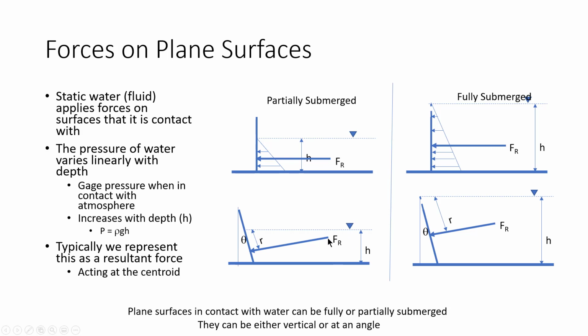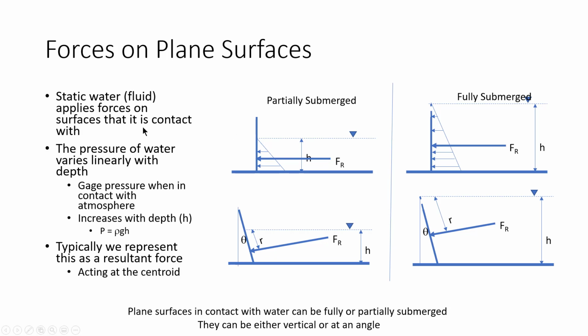So we can resolve this F sub r into two forces, and then work with it. Planar surfaces are plane surfaces that actually go in and out of the surface that I'm showing, so they can be extending into the wall in that direction, and there is a force or pressure being acted on it.